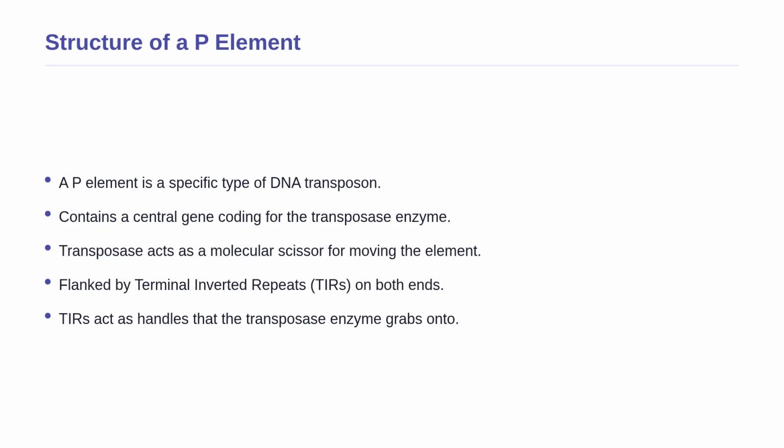You can think of transposase as a pair of molecular scissors responsible for actually moving the element. But how do the scissors know where to cut? The central gene is flanked on both ends by short DNA sequences called terminal inverted repeats, or TIRs. These repeats act as physical handles. The transposase enzyme specifically recognizes and grabs onto these handles to initiate the jump.